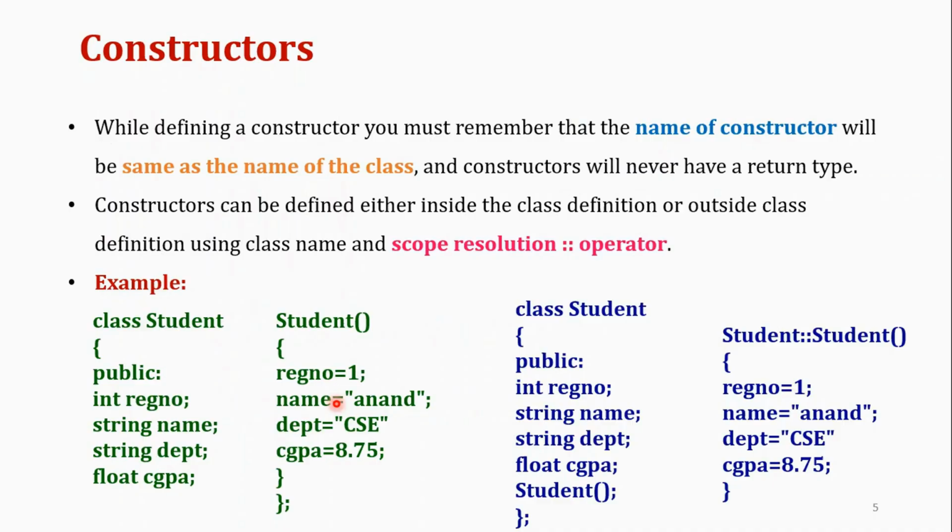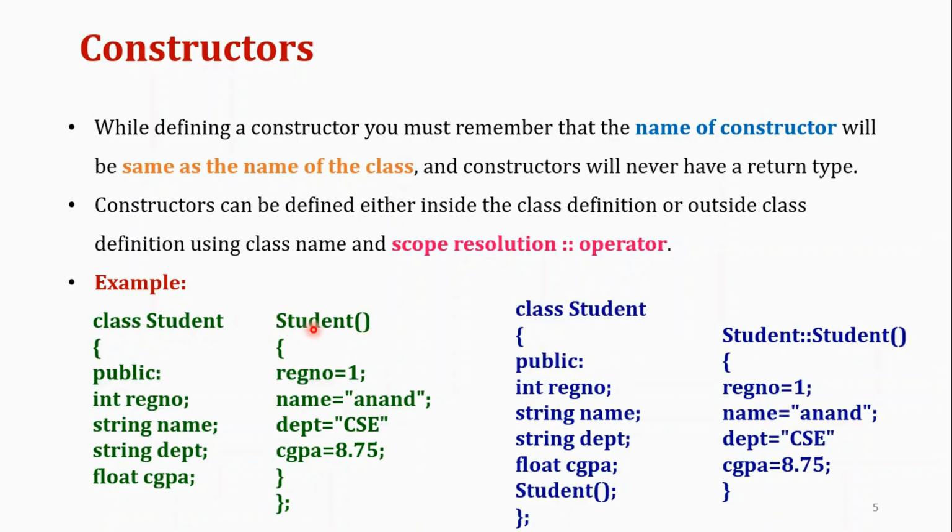Let us see a simple example of how the constructor works. Remember, the name of the constructor is the name of the class, and it should not have any return type. Check out the example. The class name is Student. In public access mode, I define all the functions and variables. The data attributes are register number, name, department, CGPA, with data types int, string, and float respectively. Here is a function whose name is the same as the class name, with no return type and no parameters.